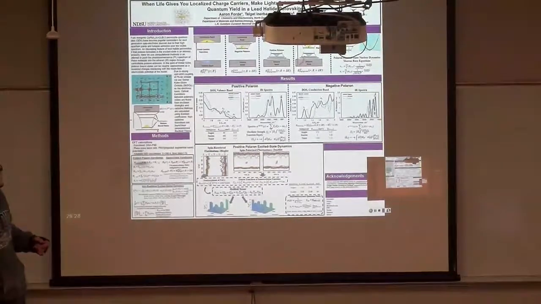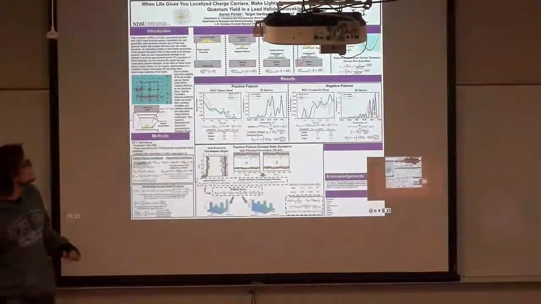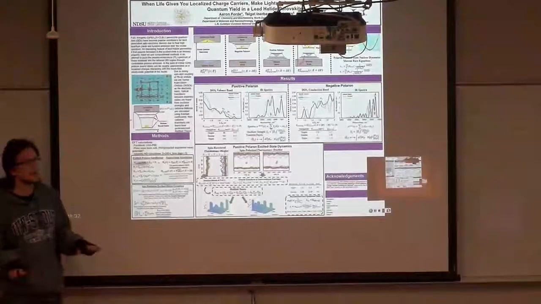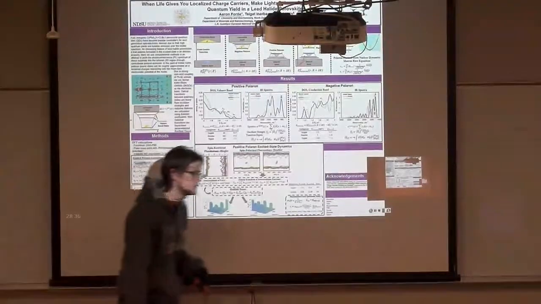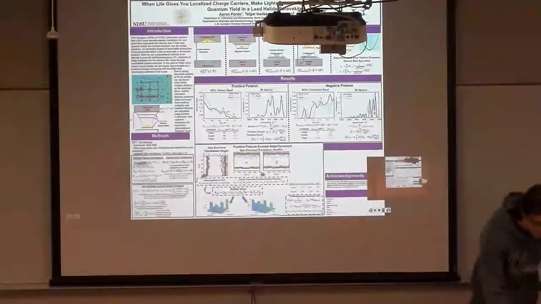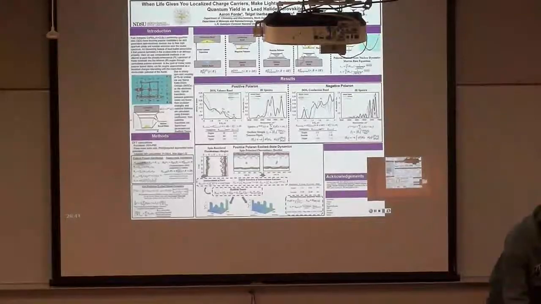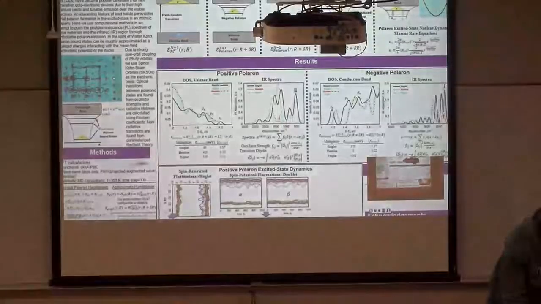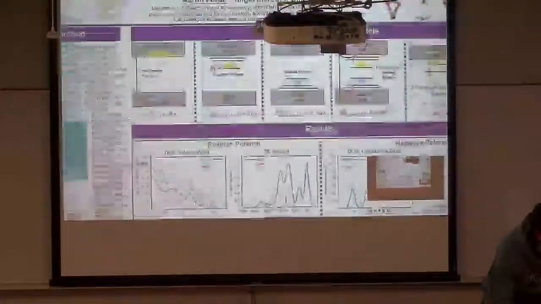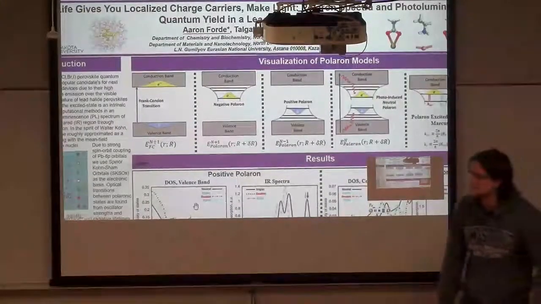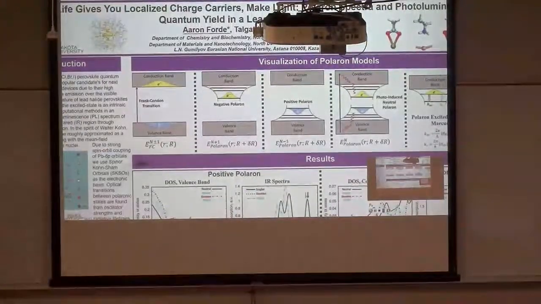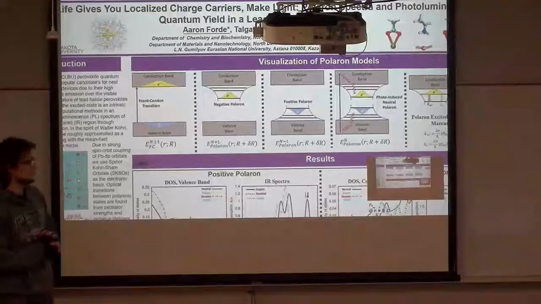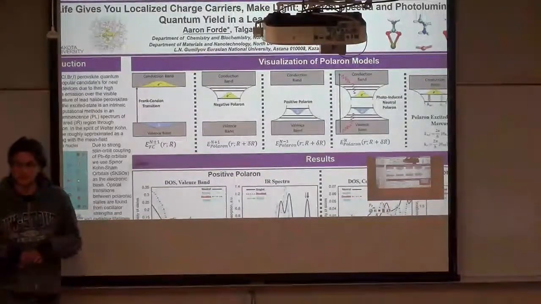And so from here, I'll just describe some of the calculations that we did, and how I'm going to attempt to explain them using these visuals. So to calculate binding energies, we need a reference energy to our polaron formation energy.